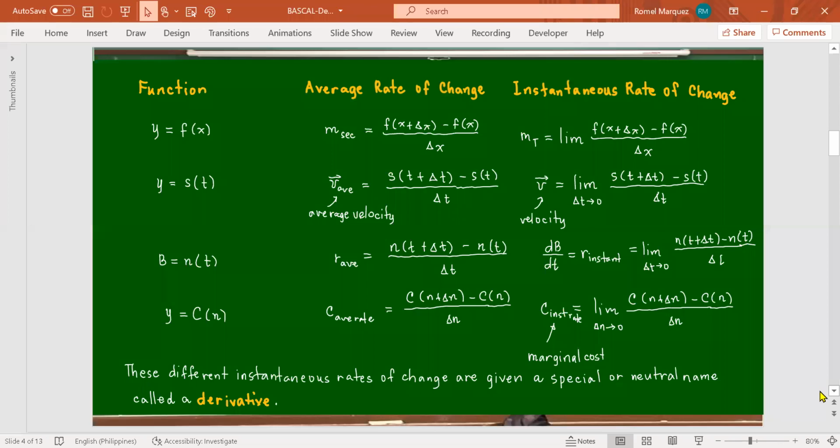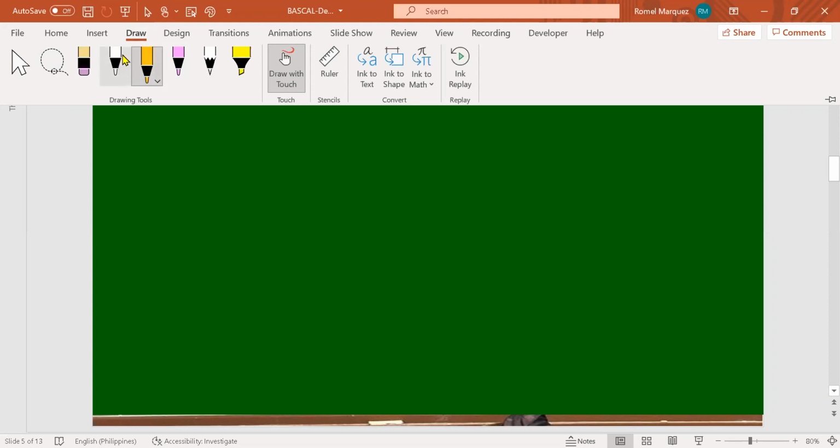Okay? So how do we now define derivative, guys? So ano na ang derivative? So what is a derivative of a function? Guys, to define a derivative of a function, of course, we need a function.